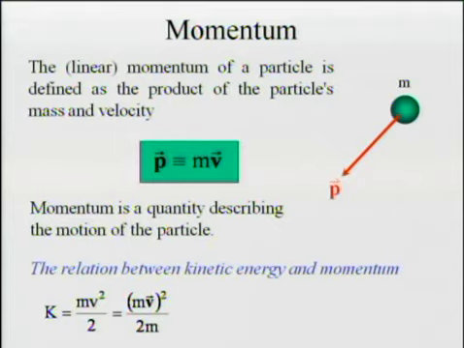Why did I do that? Well, how about you justify the next step? I now wrote that this is square of momentum. How could I do that? By the definition of momentum, correct. I can also recognize now that here I have square of a vector.